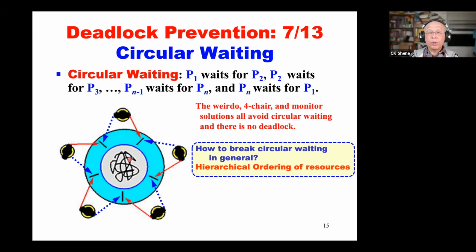So that's a circular waiting, even though it also illustrates hold and wait. It's a circular pattern. The weirdo and the other solutions all avoid circular waiting, and there's no deadlock.